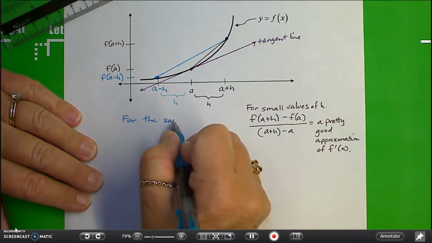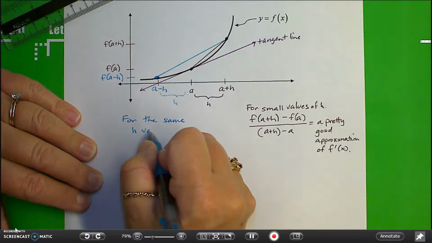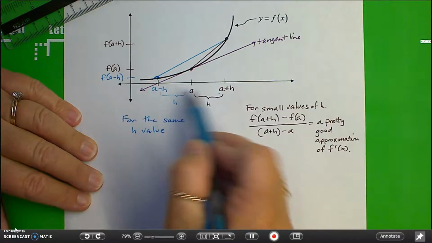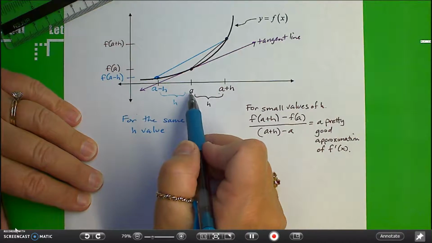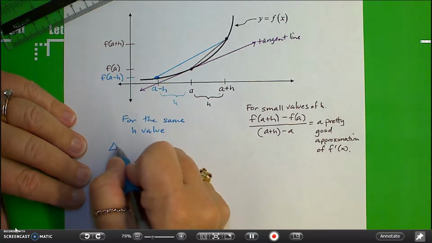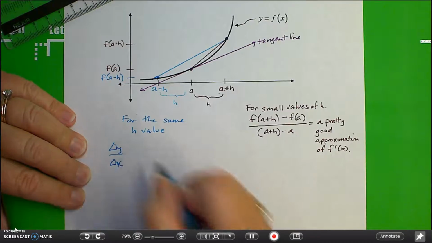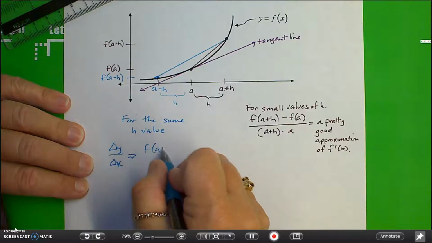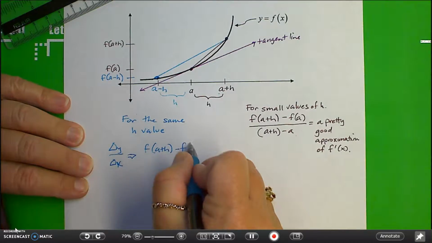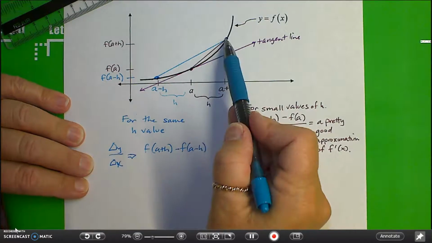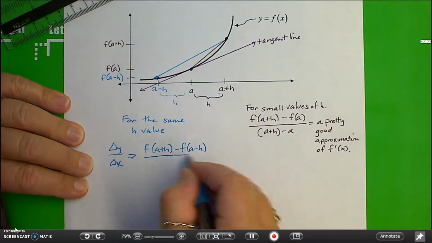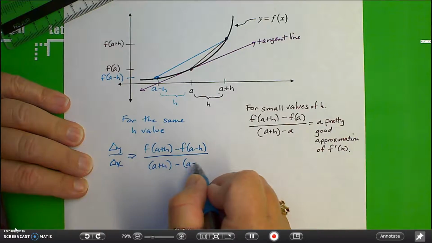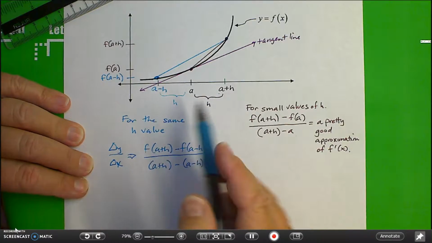So for the same h value, we're going to look at a symmetric set of points around A. So if I look at the slope now, change in y over change in x, I get f of a plus h minus f of a minus h, so that's the change in y values here to here, over a plus h minus a minus h, the change in x values here.